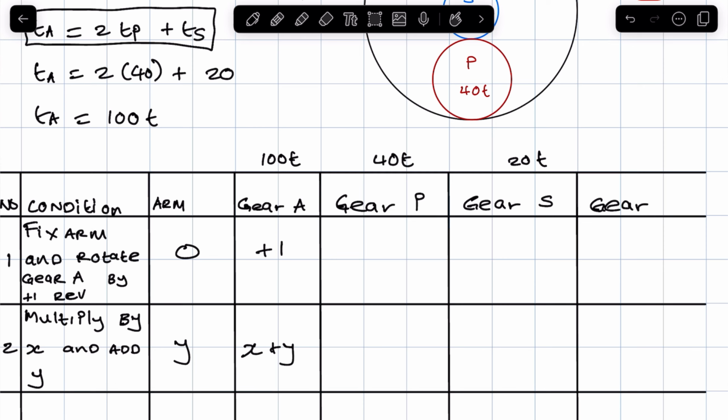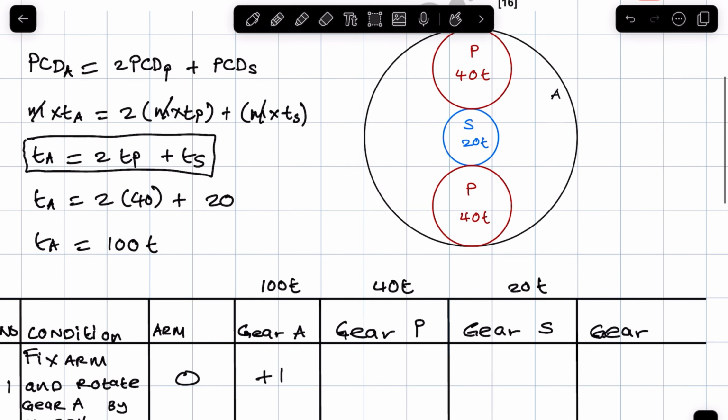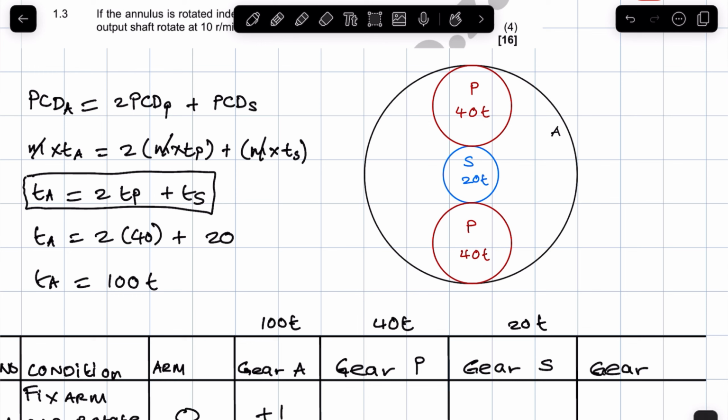The best way to come up with the rotational frequency of the other gears is by first establishing a relationship of the gear you're looking at with the gear that it is meshing with. So if we look here, the planetary gear, gear P, is meshing with both the annulus and the sun gear.